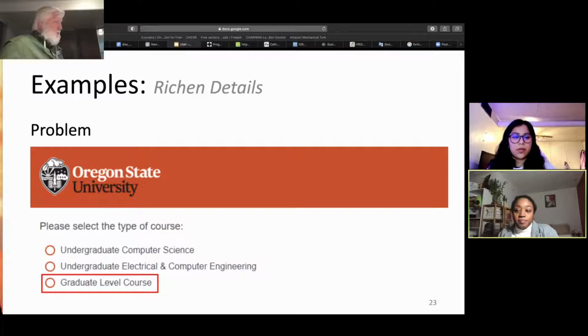So one more example we have is the same form. One of the questions was to select the type of course. So we had undergraduate computer science, undergraduate electrical and computer engineering, and then graduate level course. But what does graduate level course mean? If Abby isn't quite sure, or even if Tim isn't quite sure, then it might be a confusing term.